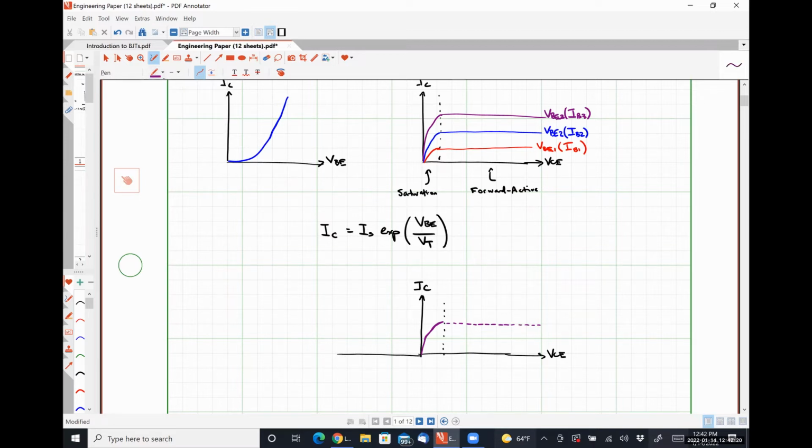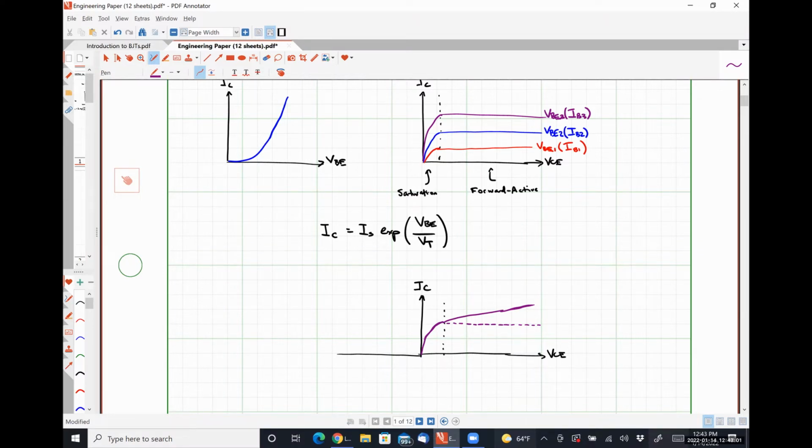With early effects included, as the quantity VCE gets larger and larger, the reverse bias voltage across the base collector junction gets larger and larger, which means the width of the base is getting smaller and smaller. And so we should see that IS and therefore IC have a linear increase. So something like this, just simply a straight line, but tilted up.